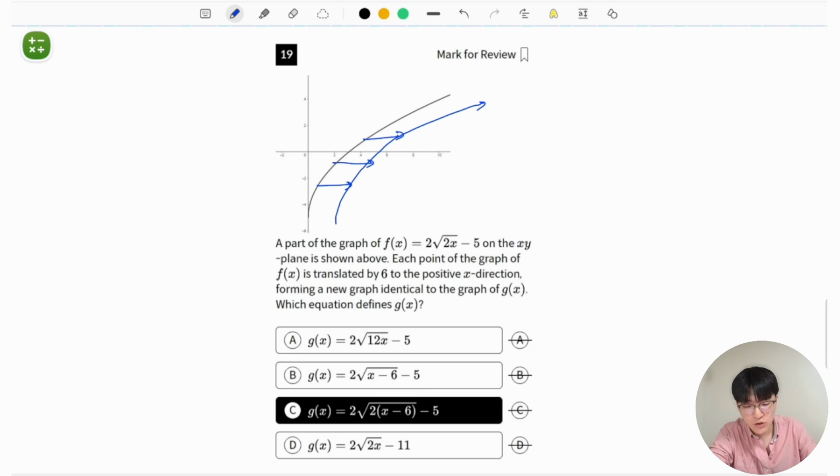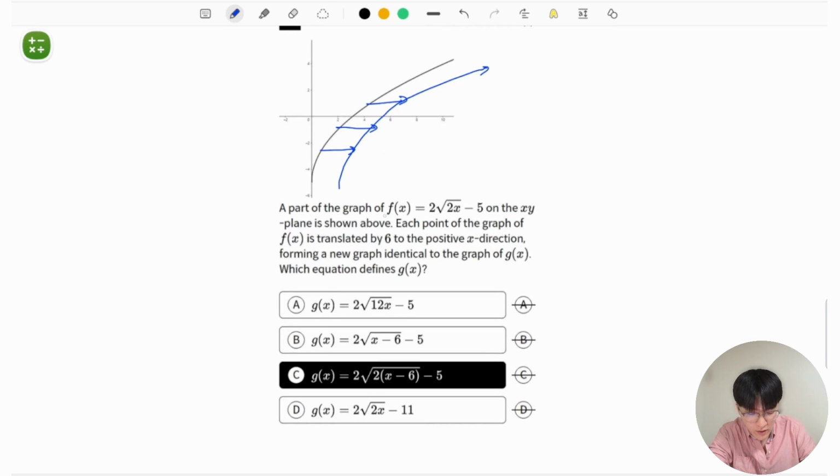Which equation defines g(x)? All right, so we're trying to find g(x), and we know f(x). If we want to translate something in the x direction, whether positive or negative, all we want to do is manipulate the x only. So translating x by 6 in the positive direction means we are doing f(x minus 6).